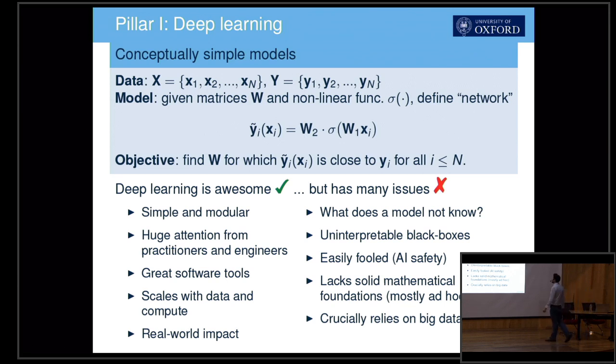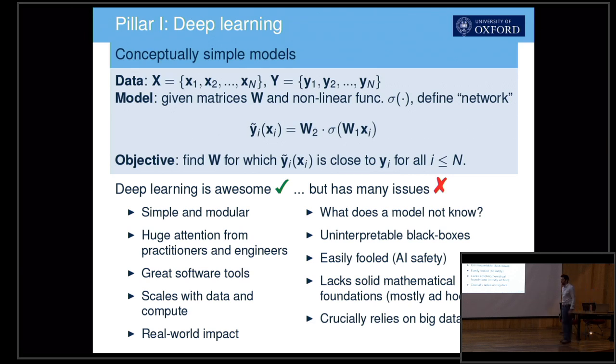Deep learning also has lots of issues. For example, we can't really tell what our models know and what they don't know. These models are fairly perceived to be uninterpretable black boxes, which are easily fooled, posing issues in AI safety. These models lack solid mathematical foundations.